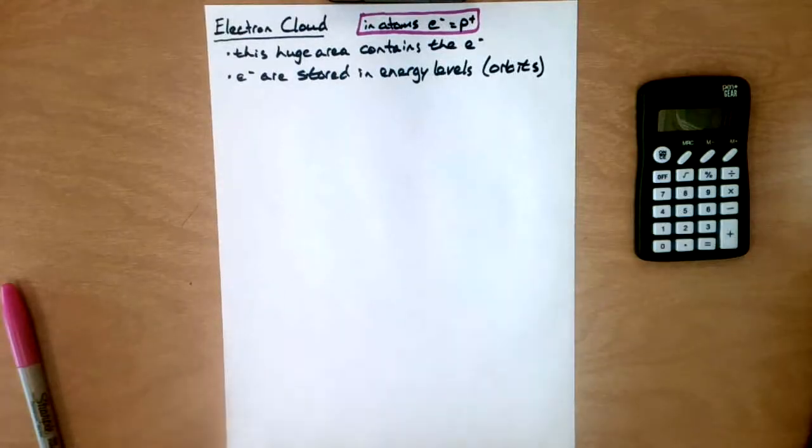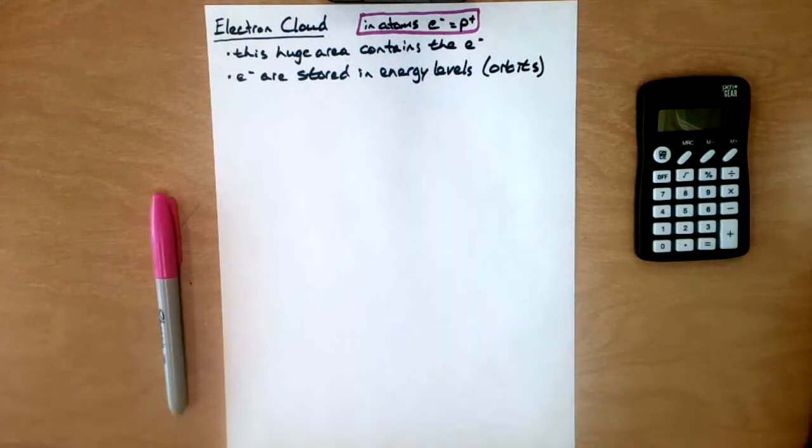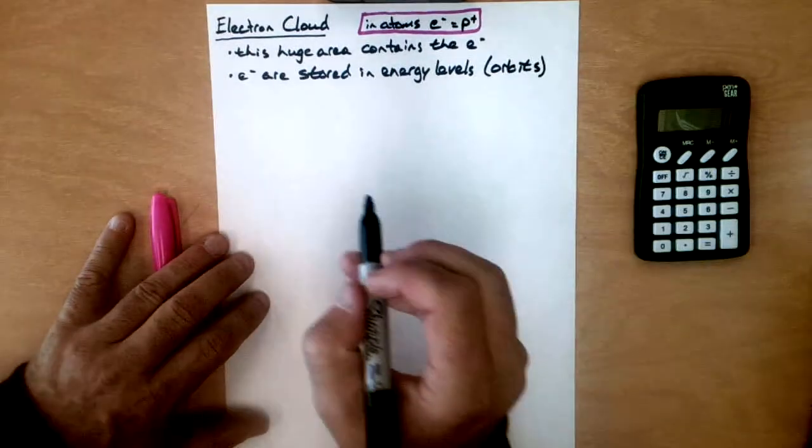All right. So now that we know how many electrons there are, how do we know where they go around the nucleus?